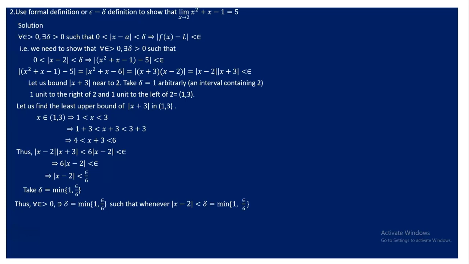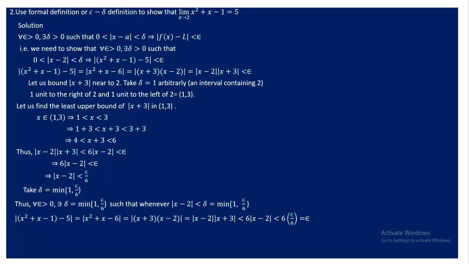So for all epsilon greater than 0, you are able to take delta to be the minimum of 1 or epsilon over 6, such that whenever the distance between x and 2 is less than delta, this is going to happen. That is, your absolute value of f of x minus L comes to be x squared plus x minus 6, and this is factored as x plus 3 times x minus 2, as we did before.